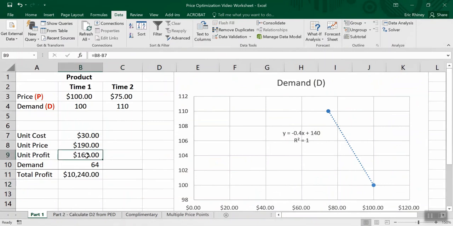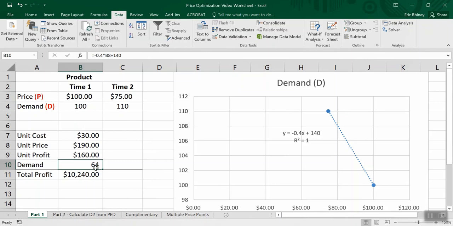All right, so that's the simple way to optimize price. Now, there may be some cases where we might have some constraints. For instance, let's say this is a weekly demand that we're looking at. So maybe this was per week, how much we sold, and we now have a demand of 64 per week.